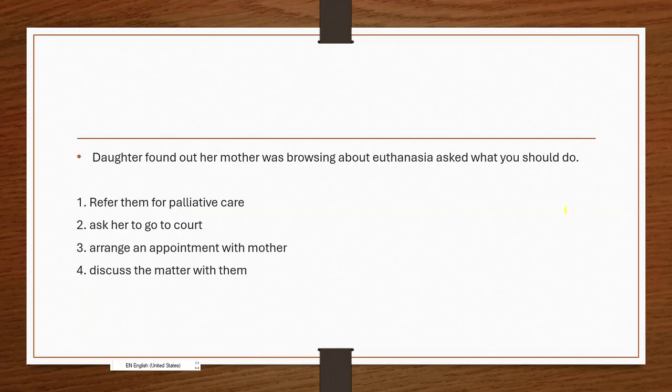Again, this is an ethics question. Commonly tested area. It's an easy area, so let's discuss it quickly. Okay, most of you think we should arrange an appointment with the mother. Some of you think discuss the matter with them.